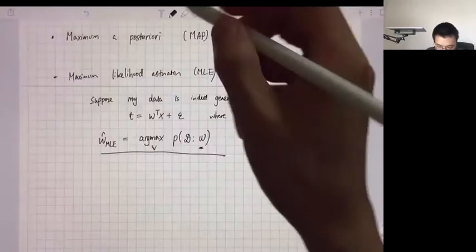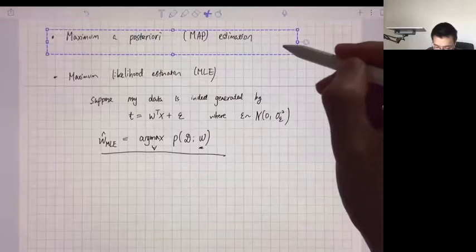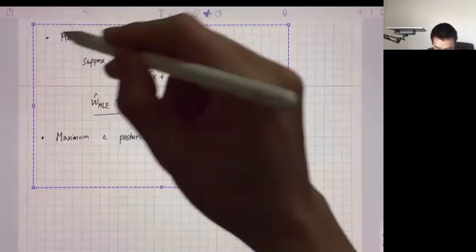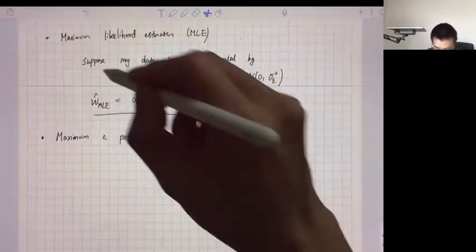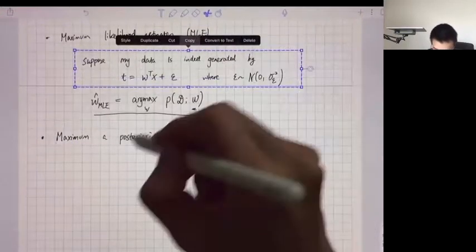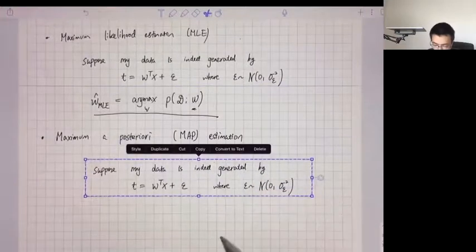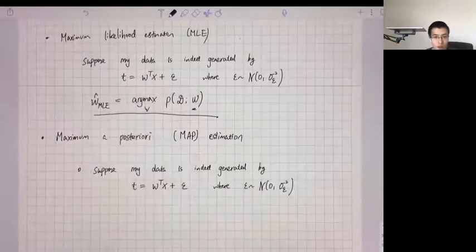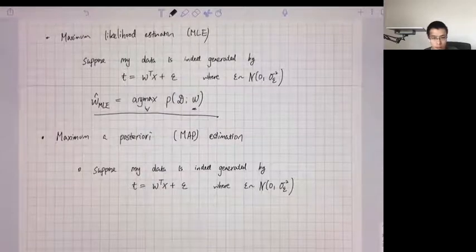So now let's go back to the maximum a posteriori estimation. I have the same assumption. I still have the assumption of my data: my target is generated by a linear or affine transformation plus some noise, which is Gaussian noise.